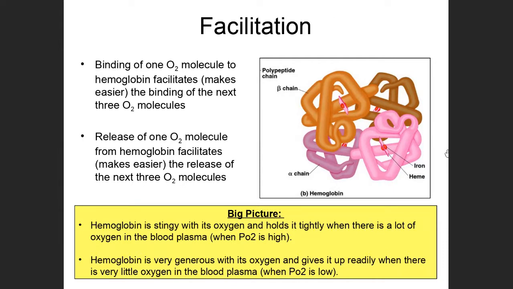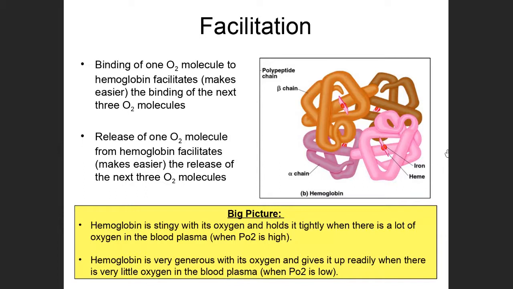But of course, as the blood is making its way through the body into the systemic circulation, oxygen starts to break away from the hemoglobin, it diffuses out of the red blood cell into the plasma, and from the plasma, it diffuses into tissues that need it for cellular respiration.